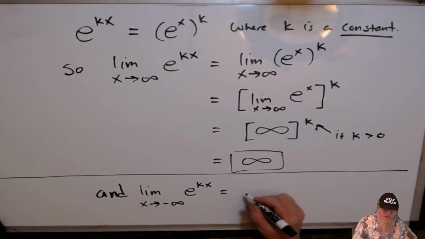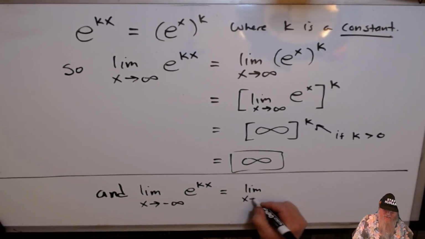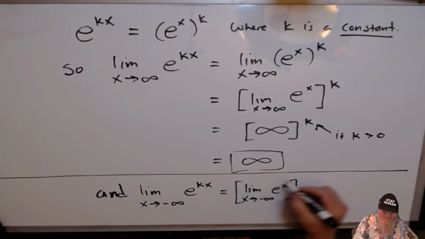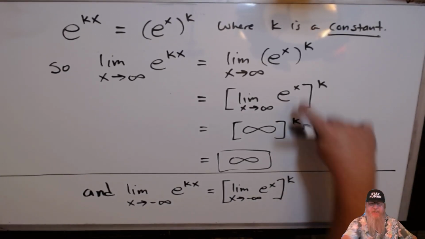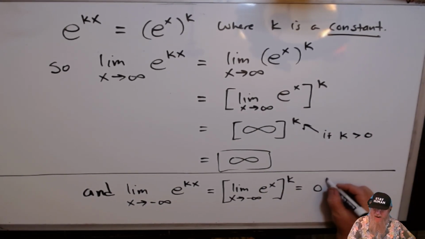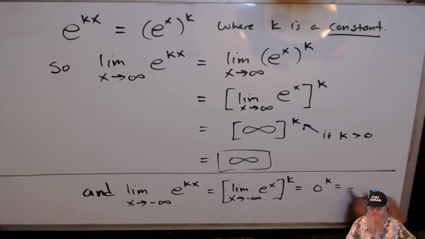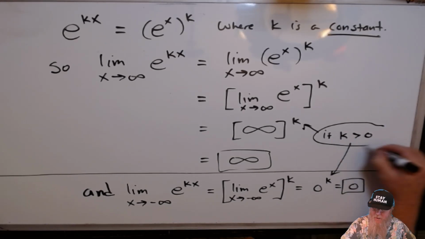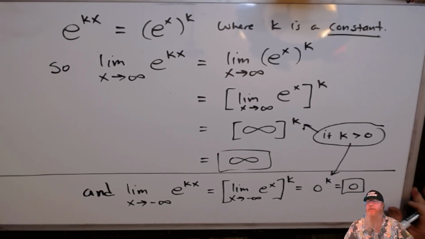And then for this one, it would be the limit as x goes to negative infinity of e to the x to the k. I'm skipping a couple steps because I've already shown them, which would be 0 to the k power, which would still be 0. And in both of these cases, k has to be greater than 0.